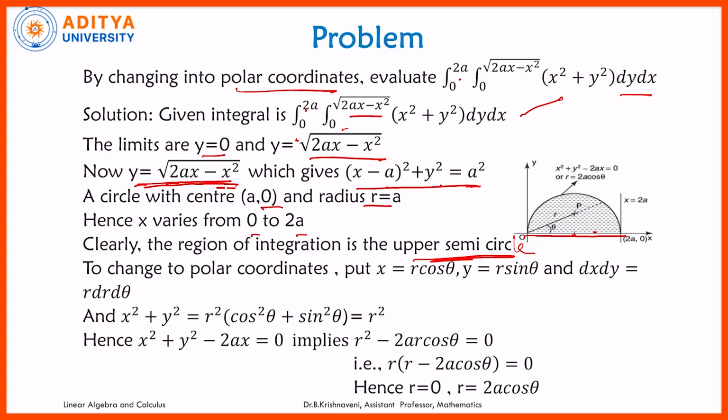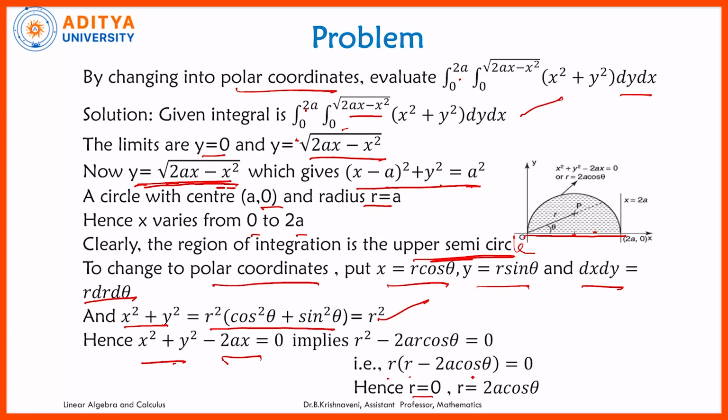Now to change into polar coordinates, we put x is equal to r cos theta, y is equal to r sin theta, and dx dy is equal to r dr d theta. With this transformation, we get x square plus y square is equal to r square, and x square plus y square minus 2ax is equal to r square minus 2a r cos theta, which gives r into (r minus 2a cos theta).